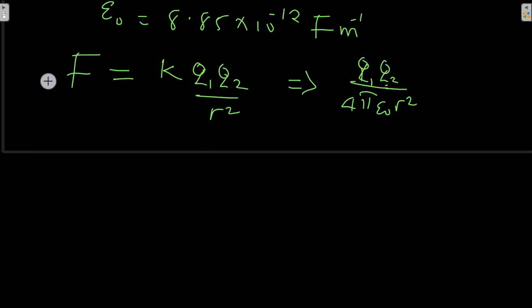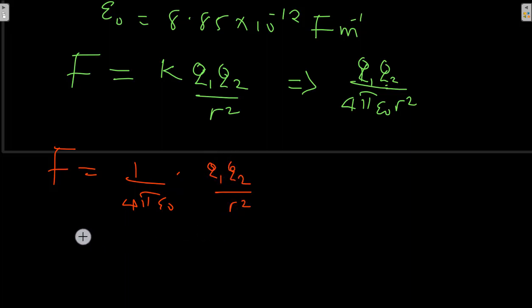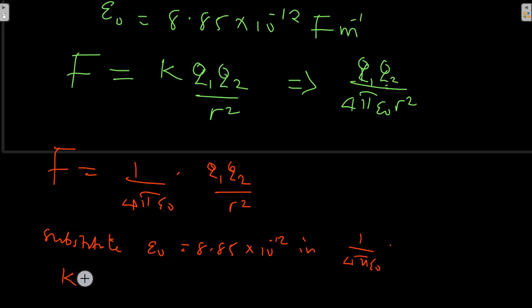Because of this common usage, if F equals 1 over 4 pi epsilon naught times Q1 Q2 over R squared, and you substitute epsilon naught equals 8.85 times 10 to the negative 12 in K equals 1 over 4 pi epsilon naught, you'll get about 9 times 10 to the 9th power.